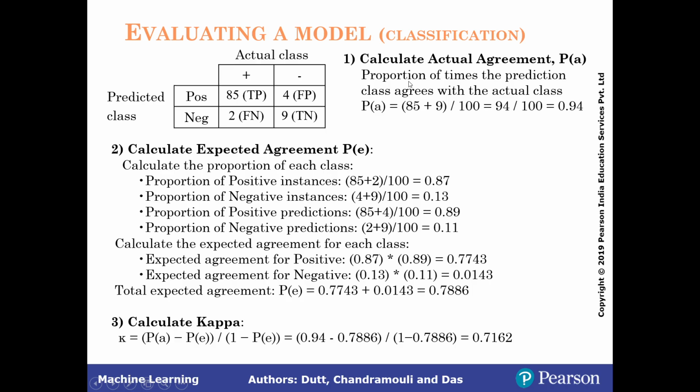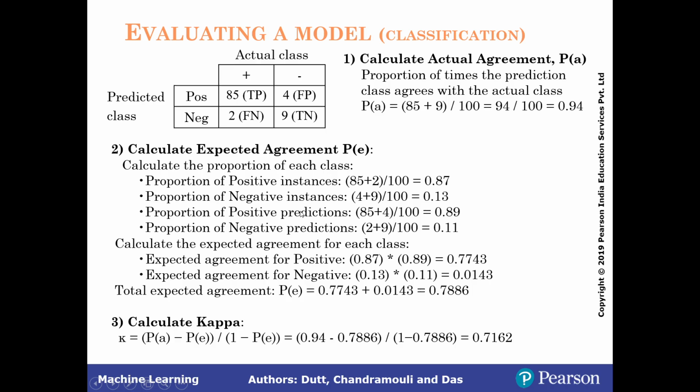To calculate it, P of A and P of E are needed. P of A is simply true positive plus true negative by the whole thing. It is nothing but accuracy.